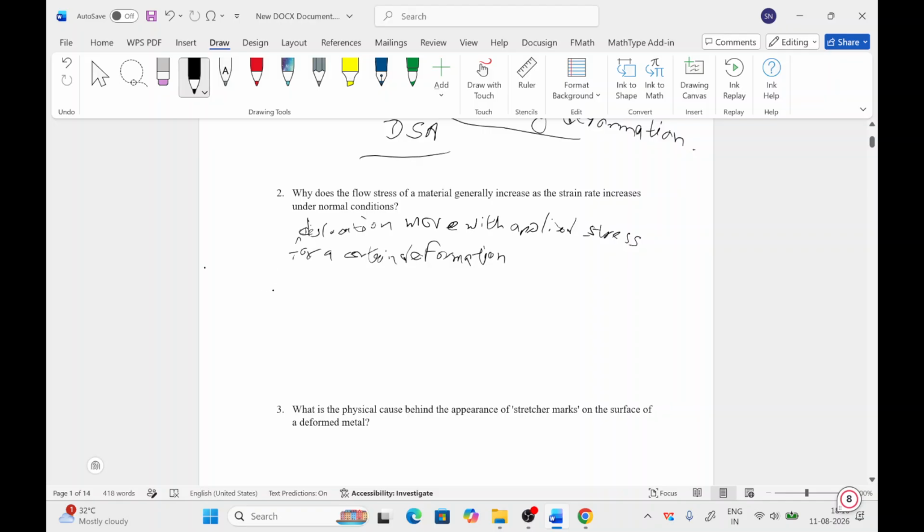Like, this is the dislocation, this is the energy barrier, and it has to move from this point to this point. The energy barrier has two components. First is the applied stress sigma.